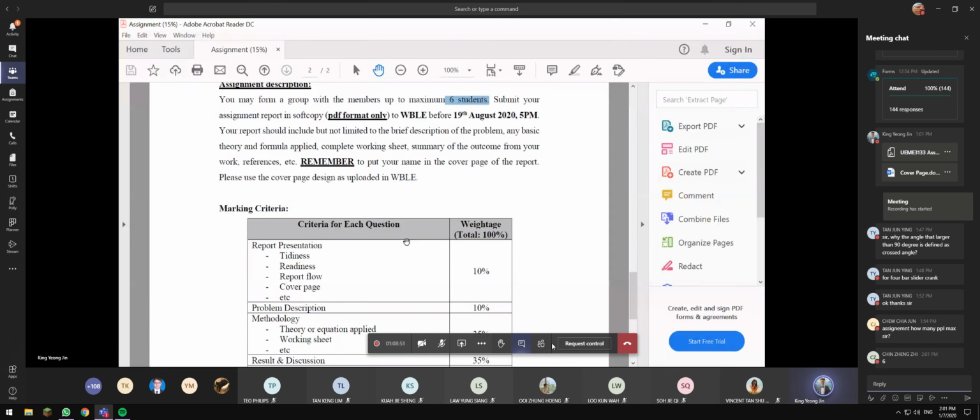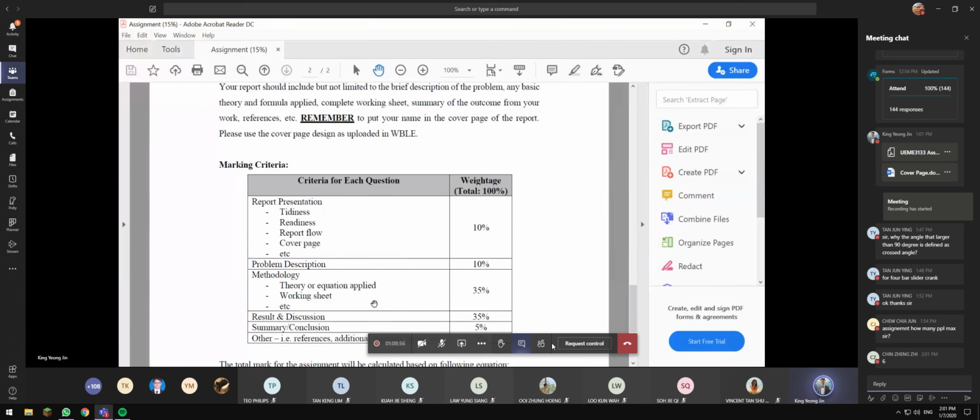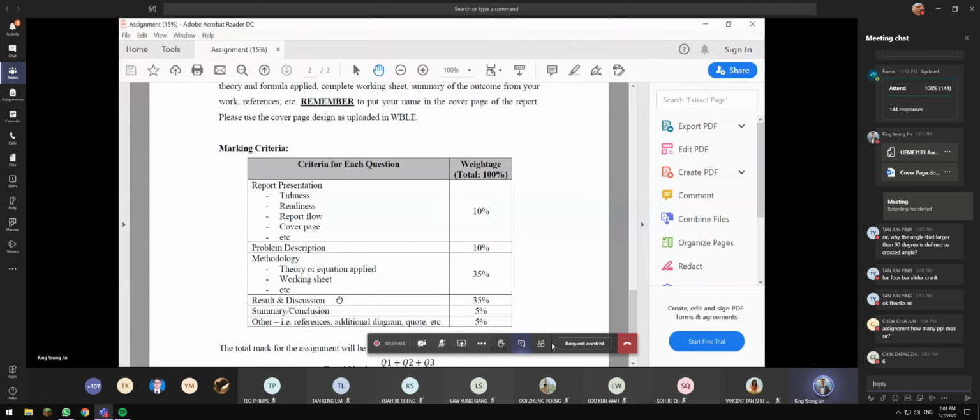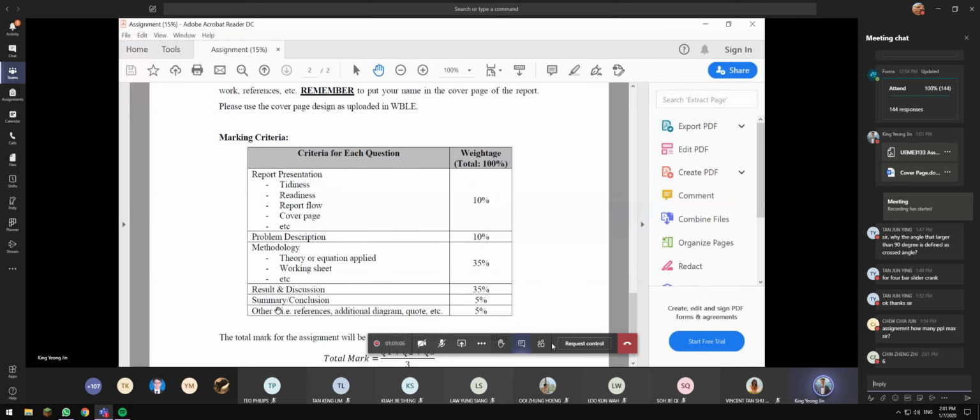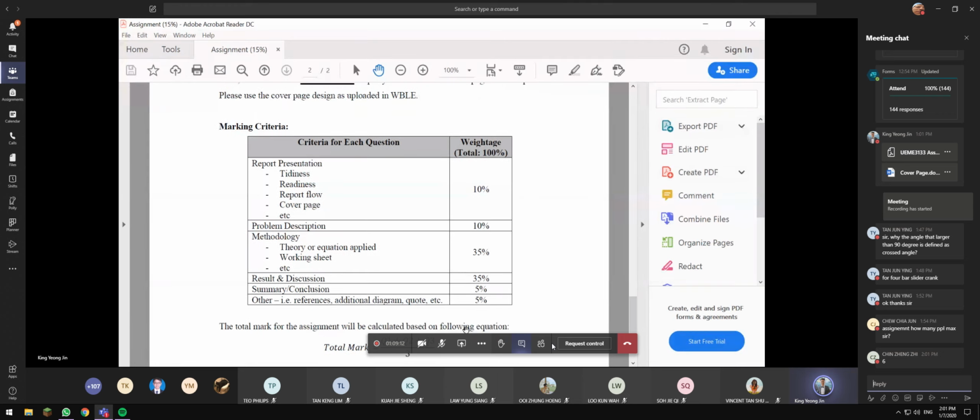My one is a question, so you can put in the description what you want to solve. And then methodology, please remember, put in all your working sheets. You can write it down, scan it and put it in a proper single PDF file. And then result and discussion, also summary and conclusion. If there is any other reference, you also put it down.